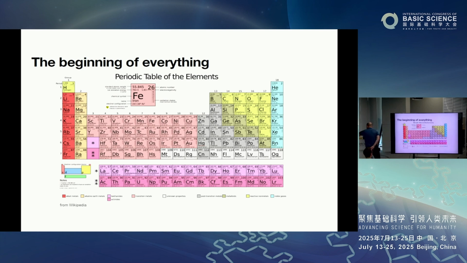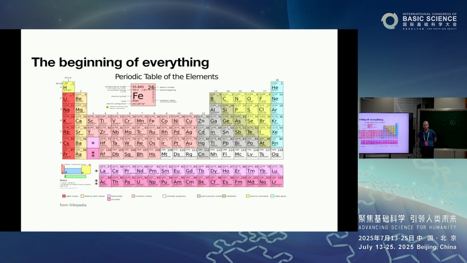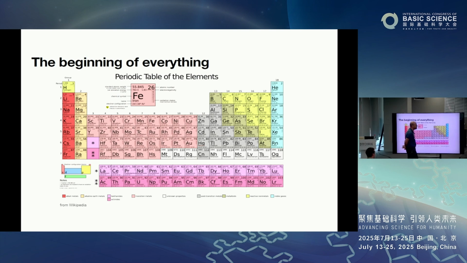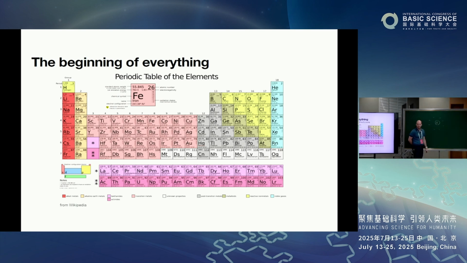And just to have a picture of an atom, you have a nucleus where you have your protons, and then you have just a cloud of electrons around the nucleus.